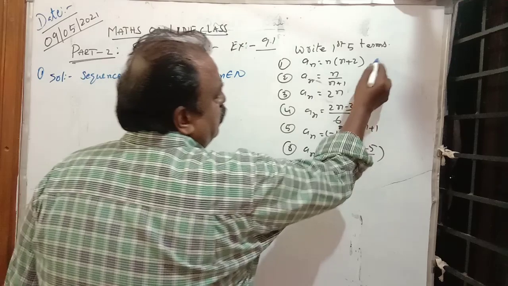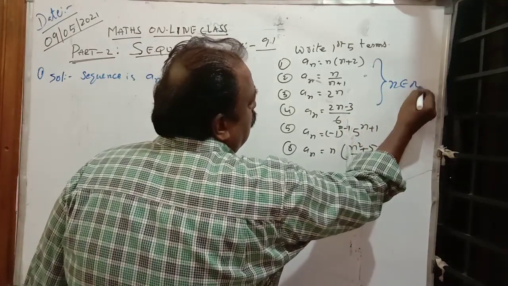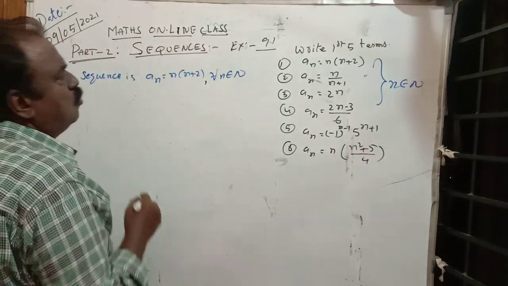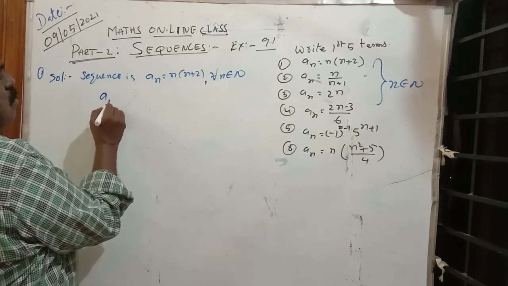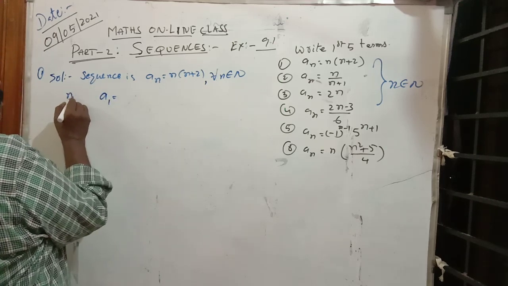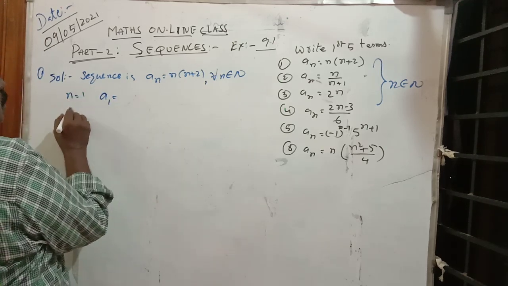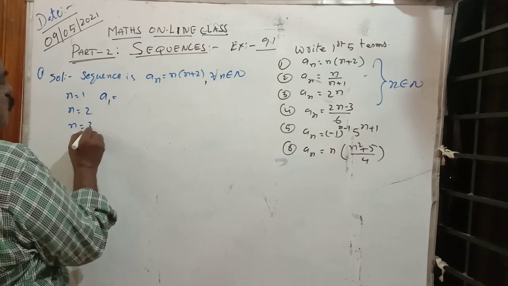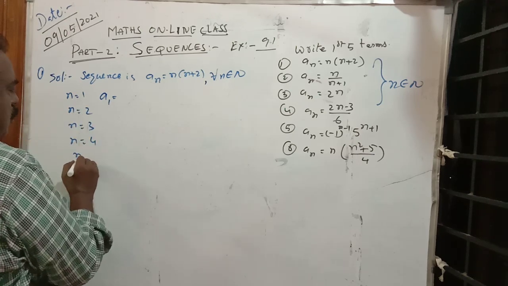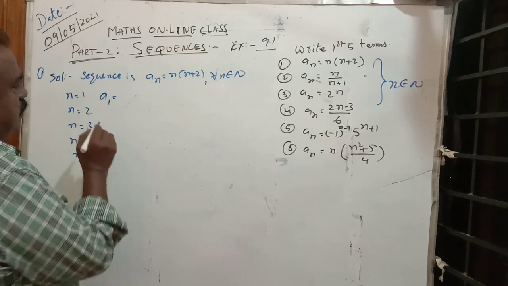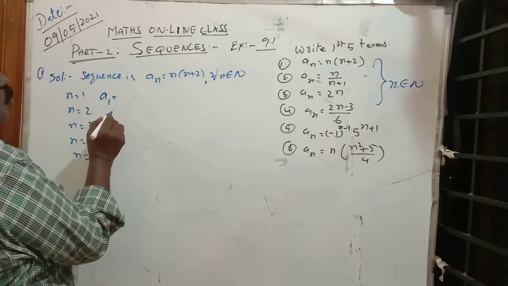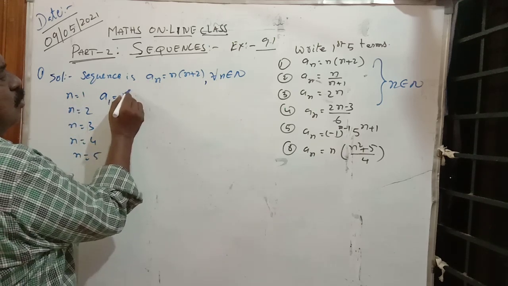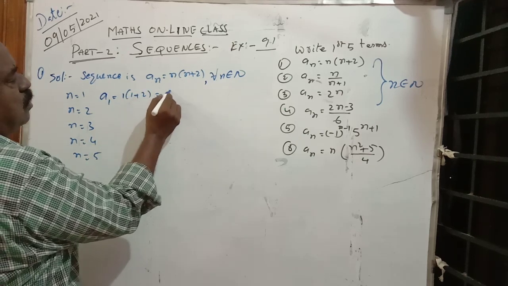For all this, n belongs to capital N. Then you say a1, that means n is equal to 1, n is equal to 2, n is equal to 3, n is equal to 4, n is equal to 5, like that. When n is equal to 1, it is a1, 1(1+2) is 3.